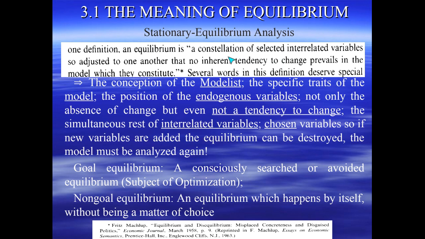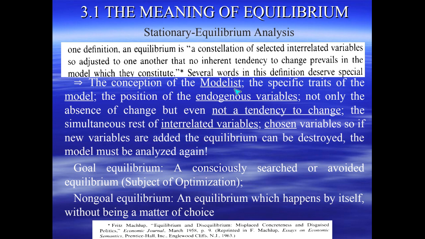So what does the definition say? A constellation, so a set of selected interrelated variables. There are selected variables. That means the modelist selects some variables and doesn't include other variables. So there is an aim in the behavior, in the choice of the modelist.